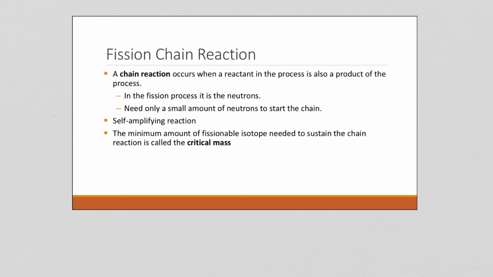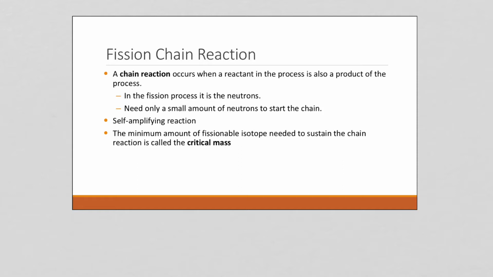So a chain reaction occurs when a reactant in the process is also a product of the process. So we have a neutron as a reactant, we're creating 3 neutrons in the process, and these products then get recycled and become reactants. So we don't need a whole lot of neutrons to start with if we can get that chain reaction to propagate.